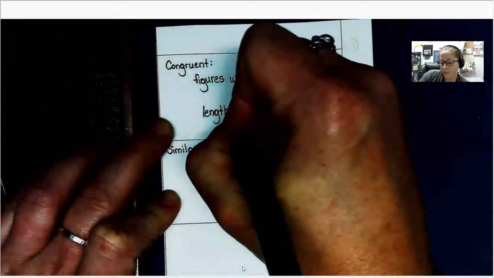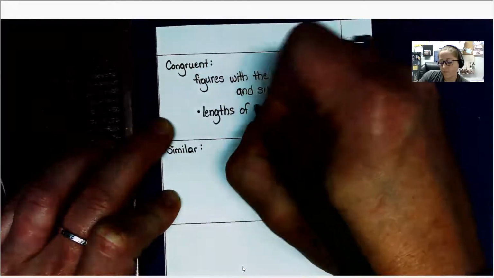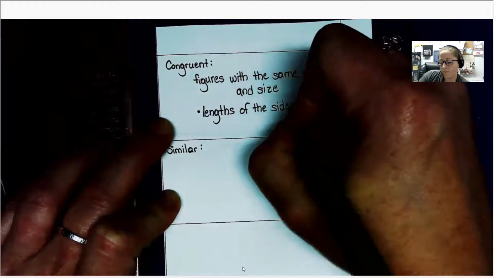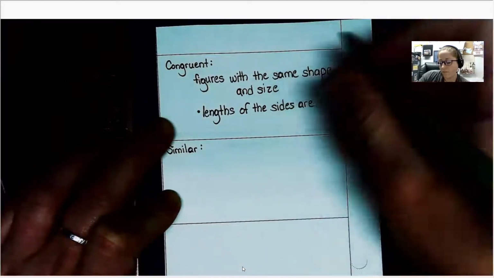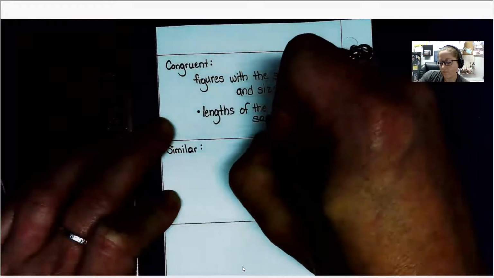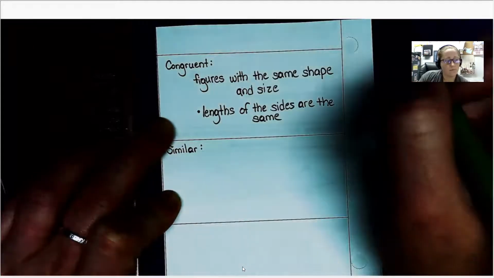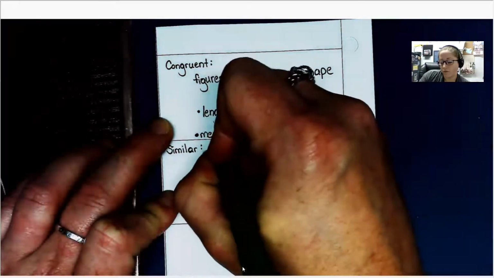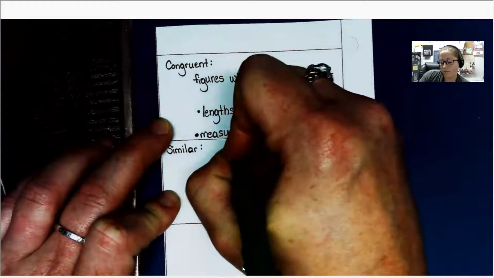That means the lengths of the sides will be the same, and the measures of the angles are the same.